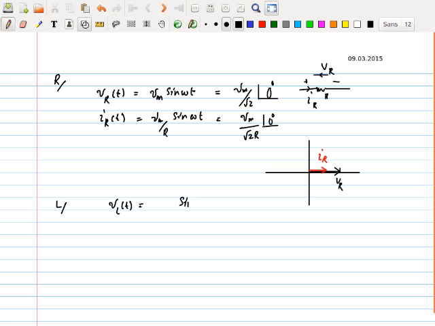It should have been sin omega t plus 90, right? IL of t would have been this Im times sin of omega t. How much was this? This would have been L omega Im.